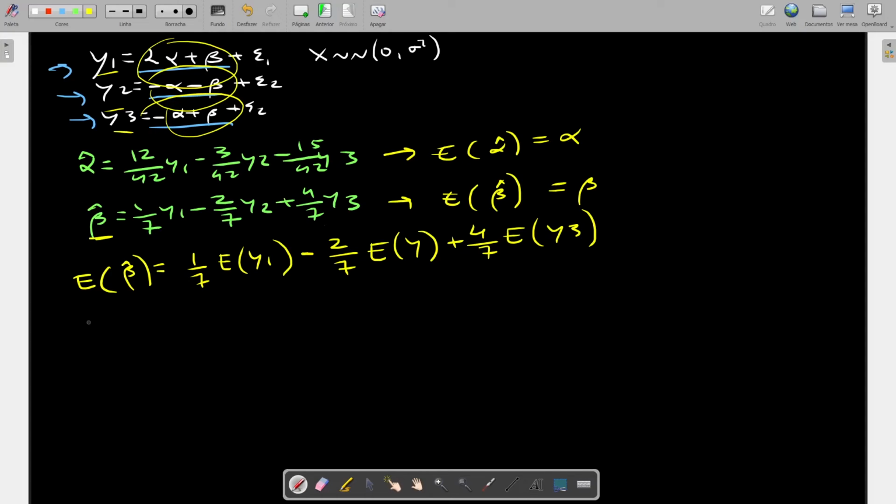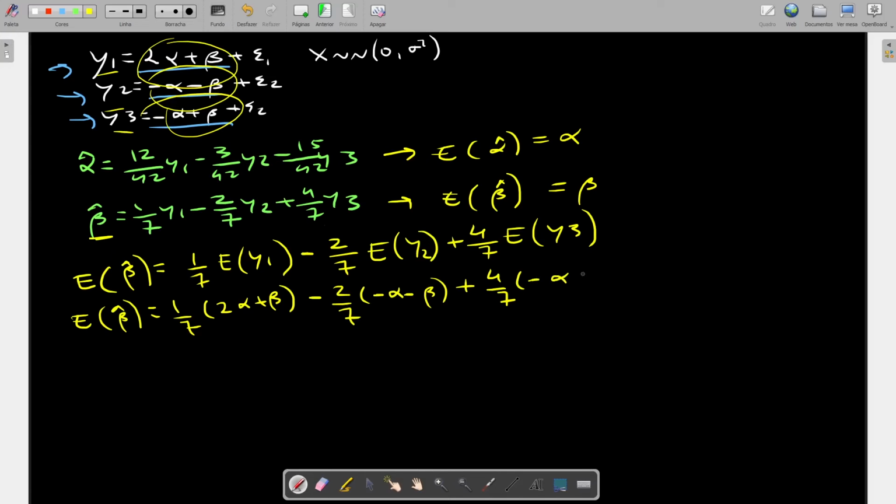So let's do that. The expected value of this one, we already have these values, so 1, 7. What do we have here? We have 2 alpha plus beta minus 2 divided by 7. This is minus alpha minus beta plus 4 divided by 7. And this is minus alpha plus beta.